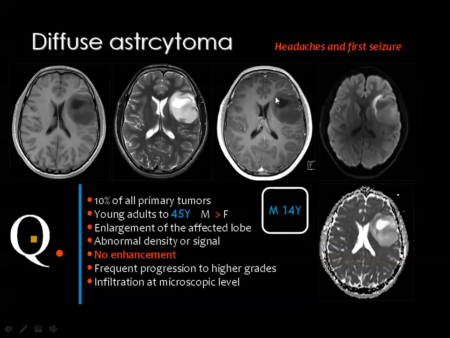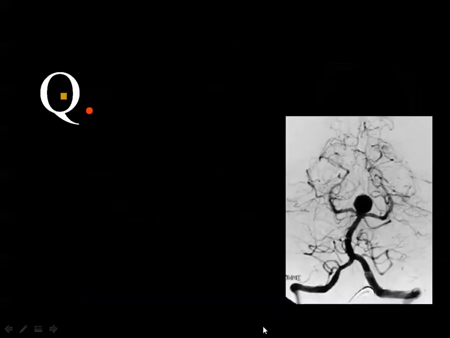This is the contrast scan, and this is not enhancement. It may be the vessels on the surface of the brain, and then the diffusion restriction, very mild, which is accepted for the gliomas as well. Then diffuse astrocytoma occurs at a relatively younger age, and it does not show contrast enhancement, sometimes mistaken for an infarction, but the infarction will produce diffusion restriction.